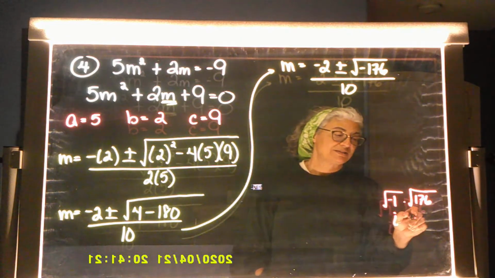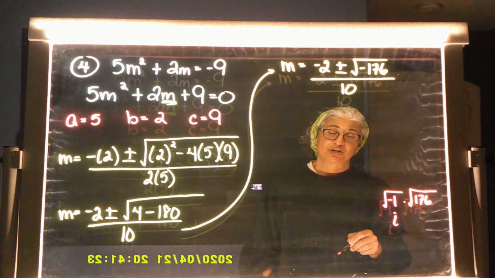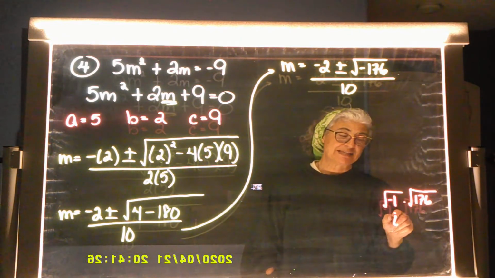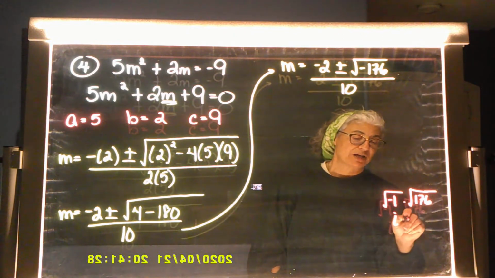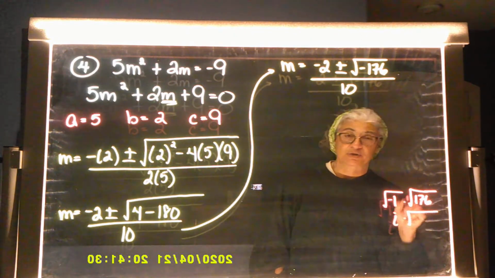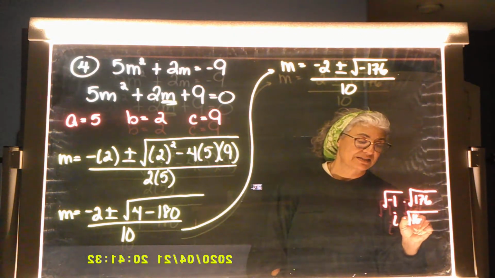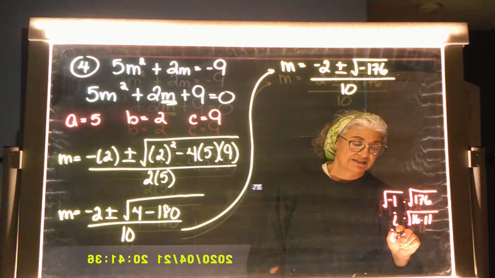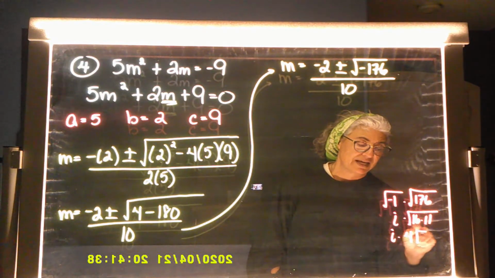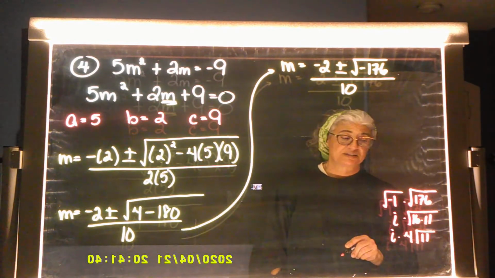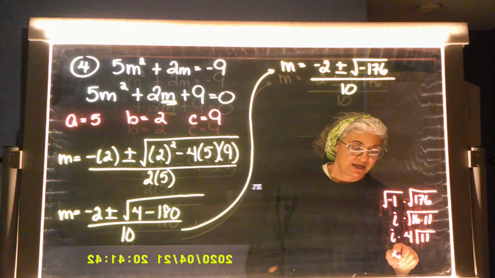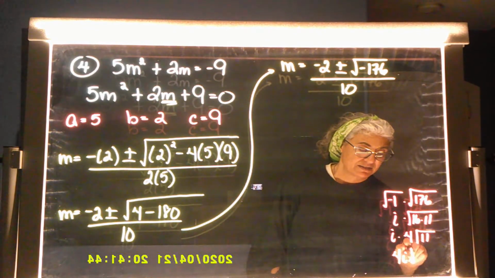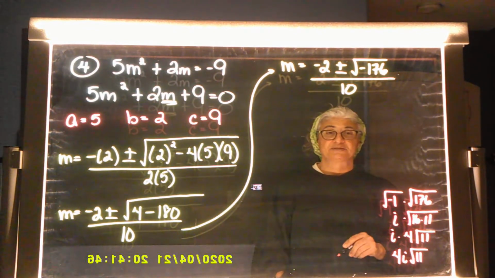Good. Now 176 you need to break down. So I'm going to let you do the breaking down of this, but what I got was basically 16 times 11. And the square root of 16 is, good, 4. And 11, I have no idea. Okay, so I'm ending up with 4i times the square root of 11.